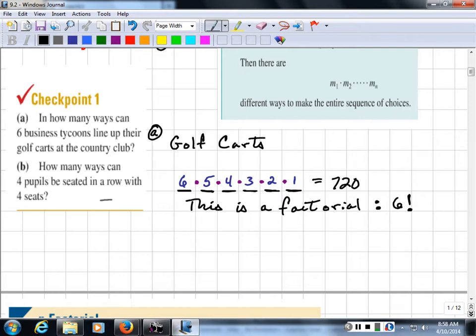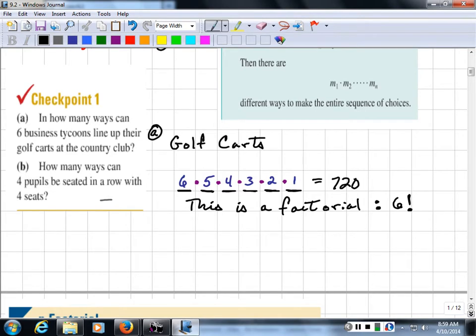Right there, this key right here. So just type in the number 6 and then hit that key and it'll do it automatically. The n factorial right there. You shouldn't have to press equals on that.